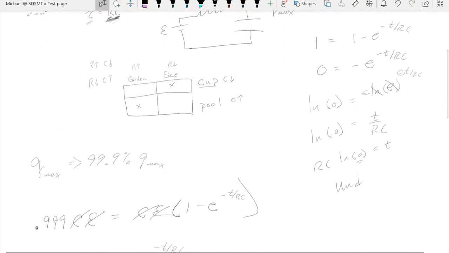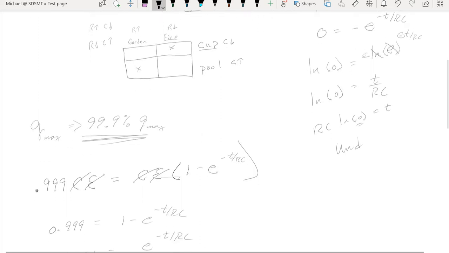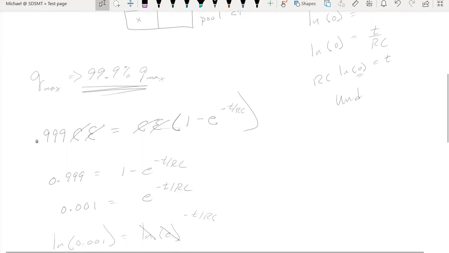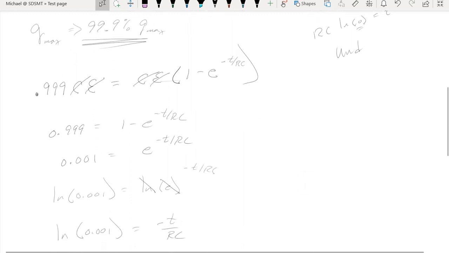And so all we have to do now is ask ourselves, well, is 99.9% good enough? Is it close enough? And, you know, who knows? Depending on what it is that you're doing, maybe it's not close enough. Maybe you need to go to 99.99%.